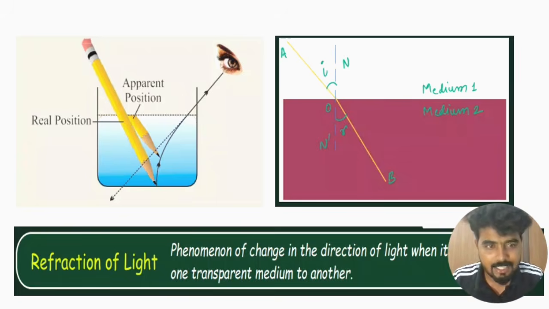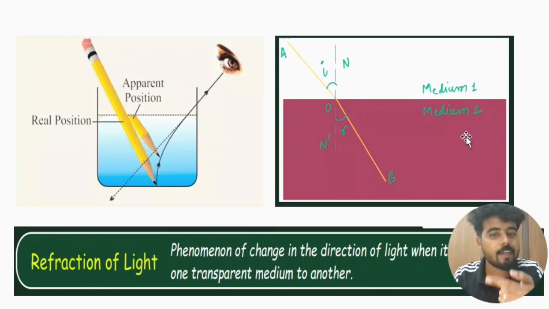Refraction means bending of light. For example, please see here. This point is considered as medium 1 and this point is considered as medium 2. Now we are going to talk about medium. One is rarer medium, another one is denser medium.